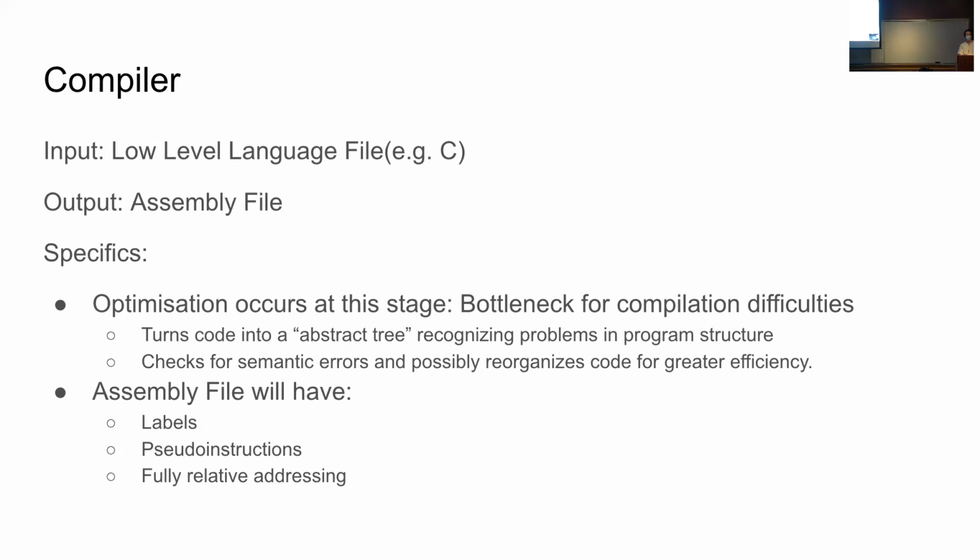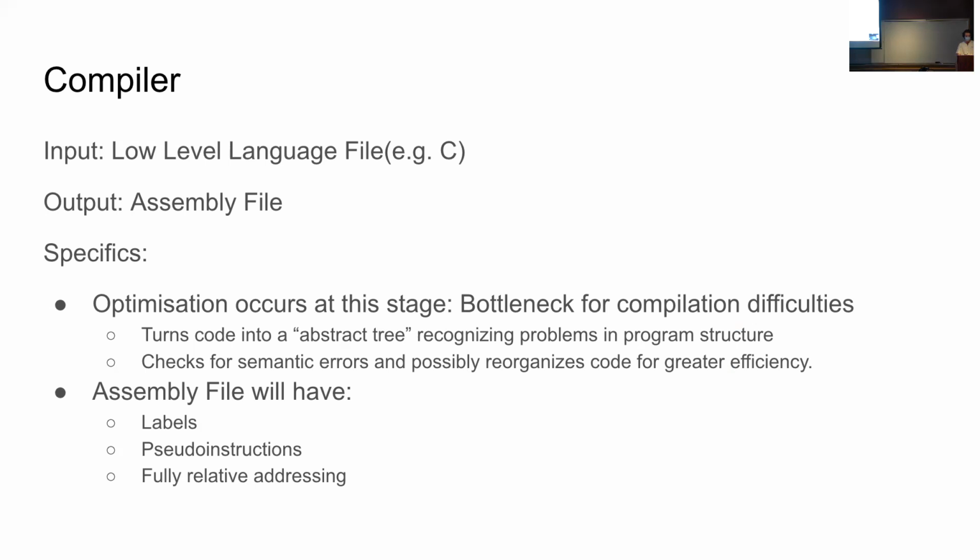The compiler takes our written language, such as C, and optimizes it and turns it into an assembly file, which it does by tokenizing different chunks of that C file and turning it into sort of an abstract tree that is then able to identify some program structure and just organizes it in the most efficient way possible, which really is edging on out of scope for this class, but just know that the compiler takes our C files, turns it into assembly files.